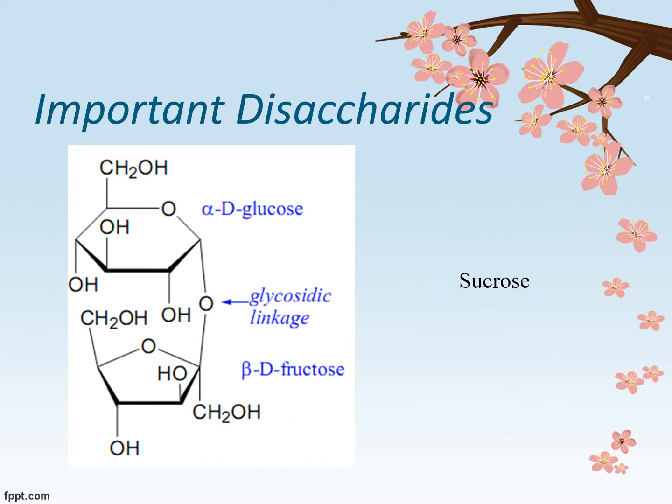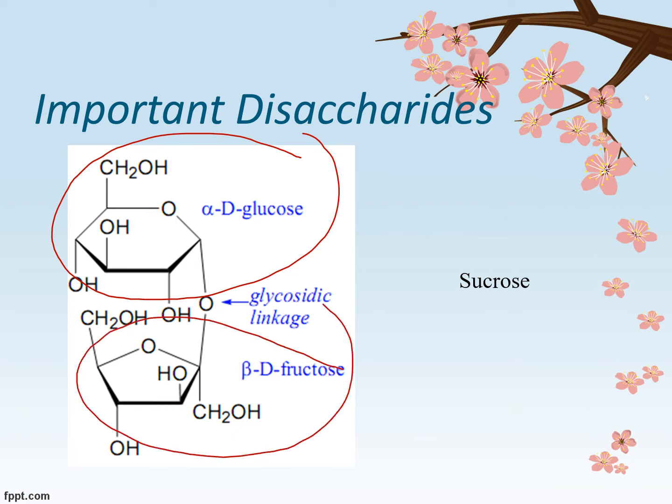The third example of disaccharide is sucrose. Sucrose is formed by one unit of glucose joined by glycosidic linkage with fructose.